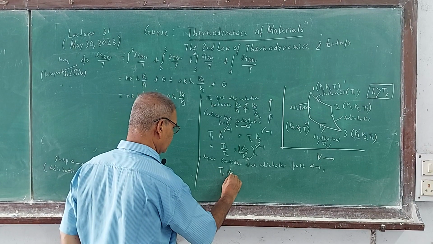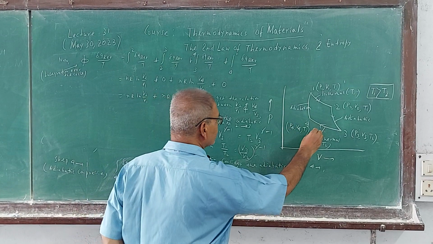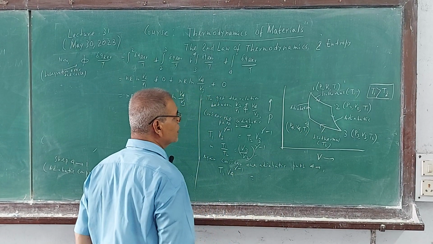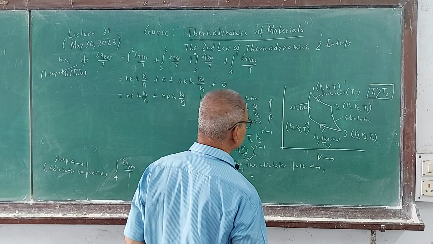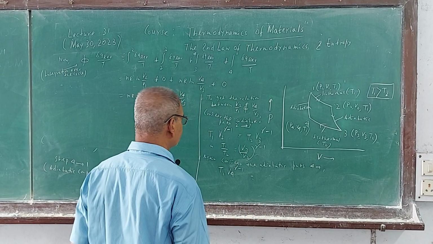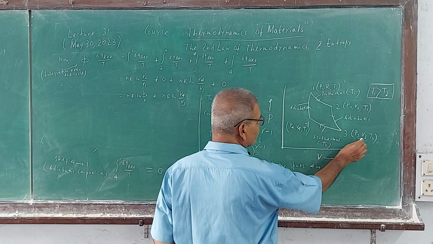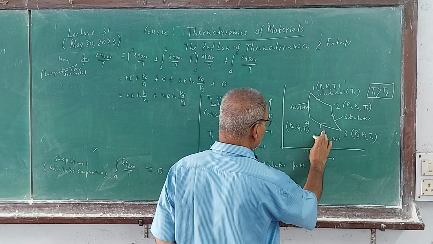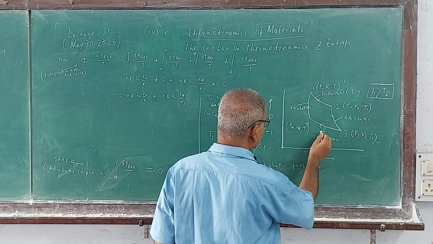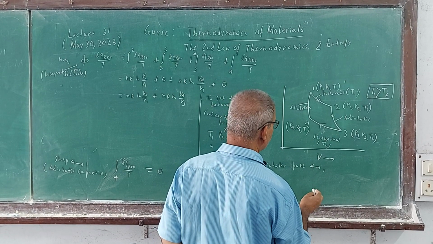T1 V4 to the power gamma minus 1 is... what is adiabatic? So I made a mistake somewhere. Or this is isothermal. Recall, this is isothermal. What did I write here?